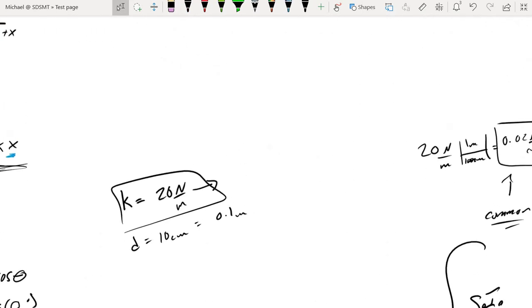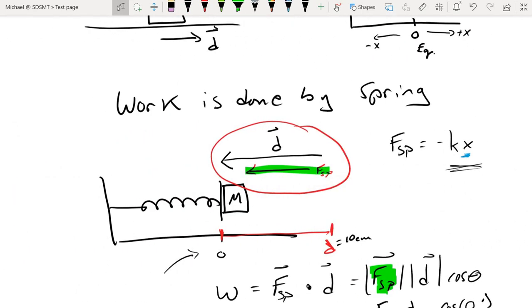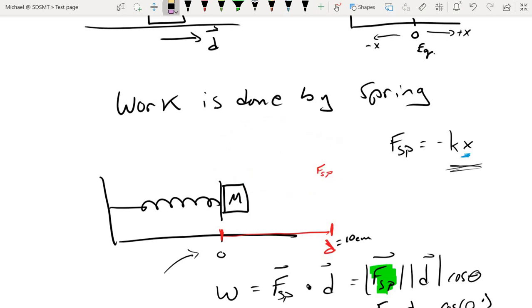Well, what about a compression? In this case, we saw the spring get stretched out. So what if we were to compress the spring instead? And this will go a bit quicker, because if we compress the spring, we're removing the spring from equilibrium.